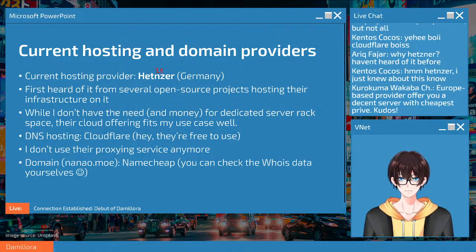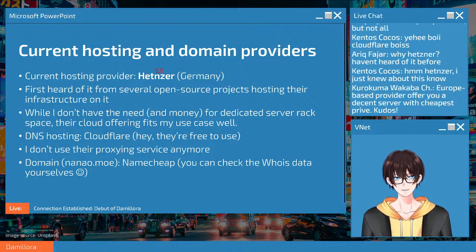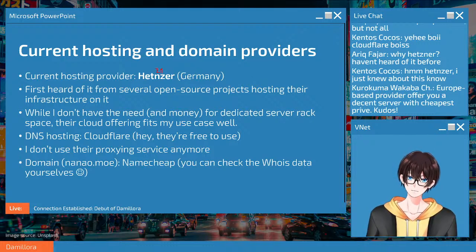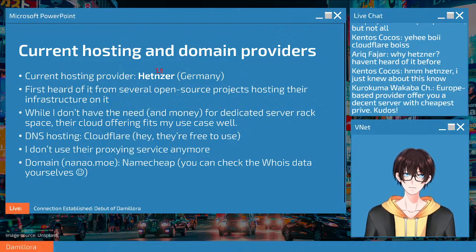But in the end, all works well. Yeah, a Europe-based provider offering you a decent server at the cheapest price. Kudos. Yeah, I think so too, because most people only hear about the US-based hosting companies, especially the 3 big tech, for example, and also DigitalOcean. But yeah, Europe-based providers rock.